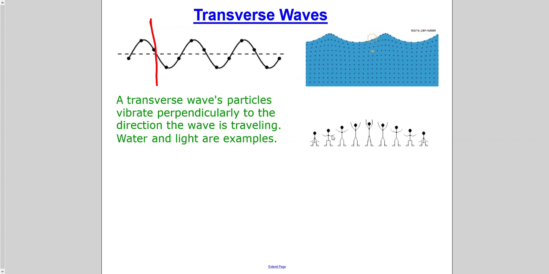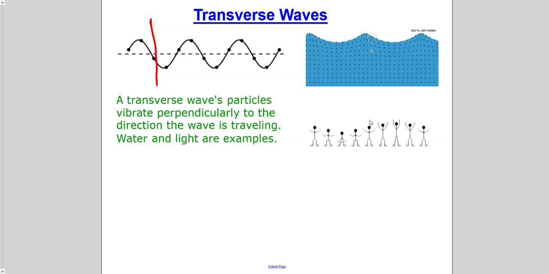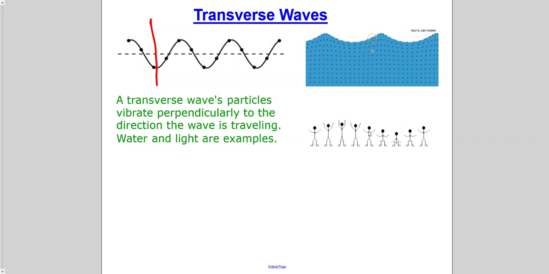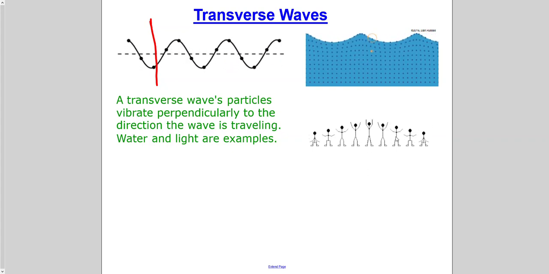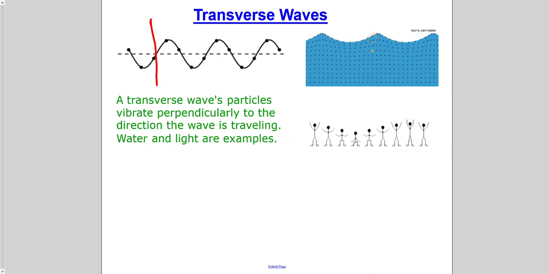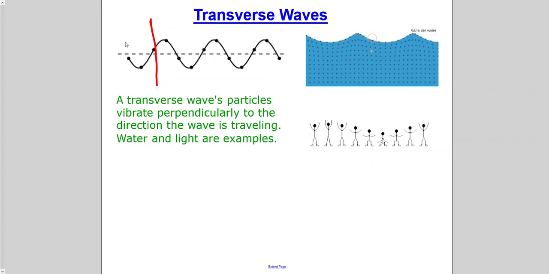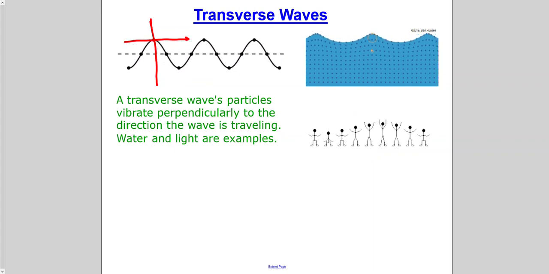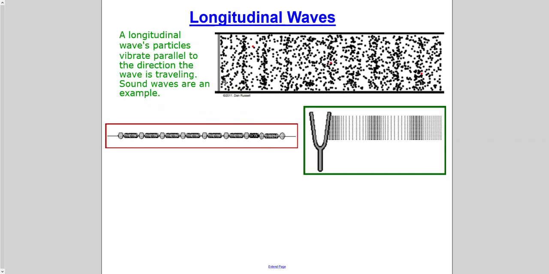That's just like with the people doing a transverse wave here. The energy causes them to move up and down, but they stay in the same location. The energy moves through them, but they're staying in the same spot. And once again, this is up and down for the particle, but left to right, or perpendicular, for the energy or the wave.